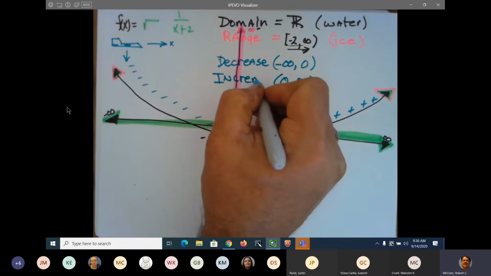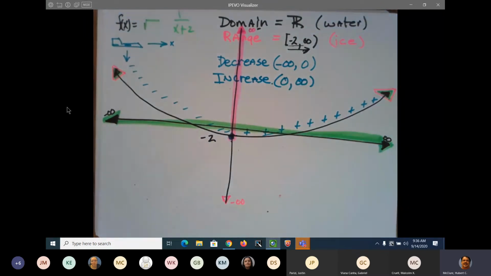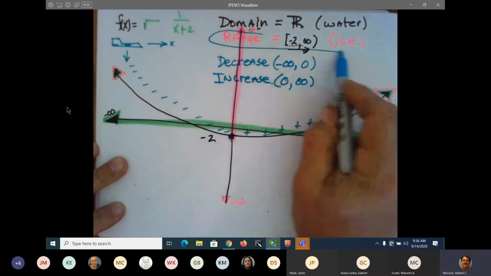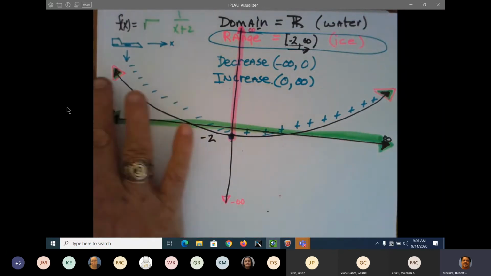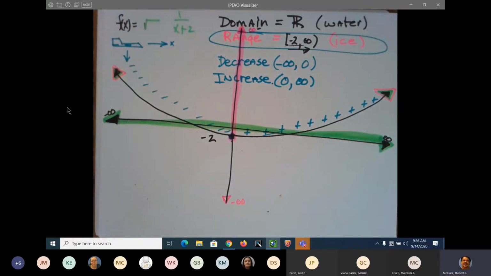Now, the reason I'm showing you these 4 again is because there's only one that's in terms of y. Which one is the only one in terms of y? The range. So the rest of them have got to be in terms of x, which is the green line right here.